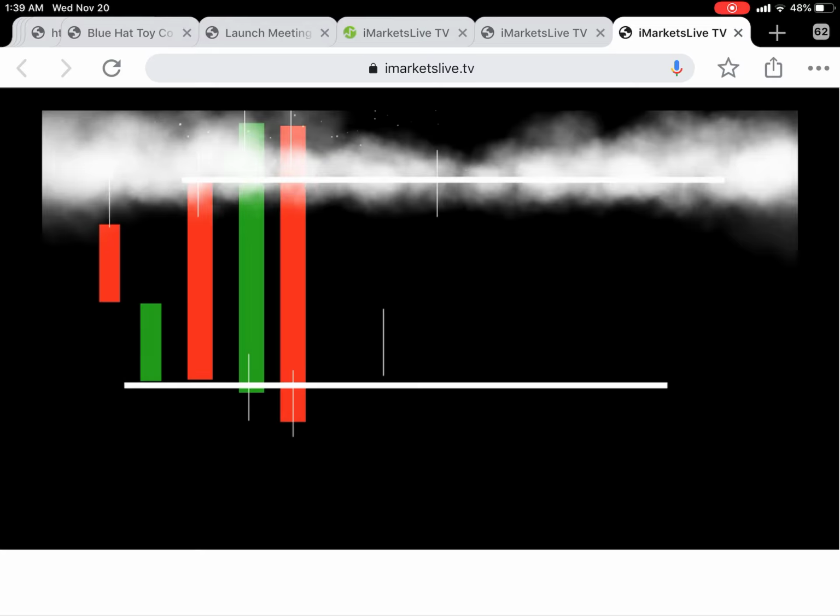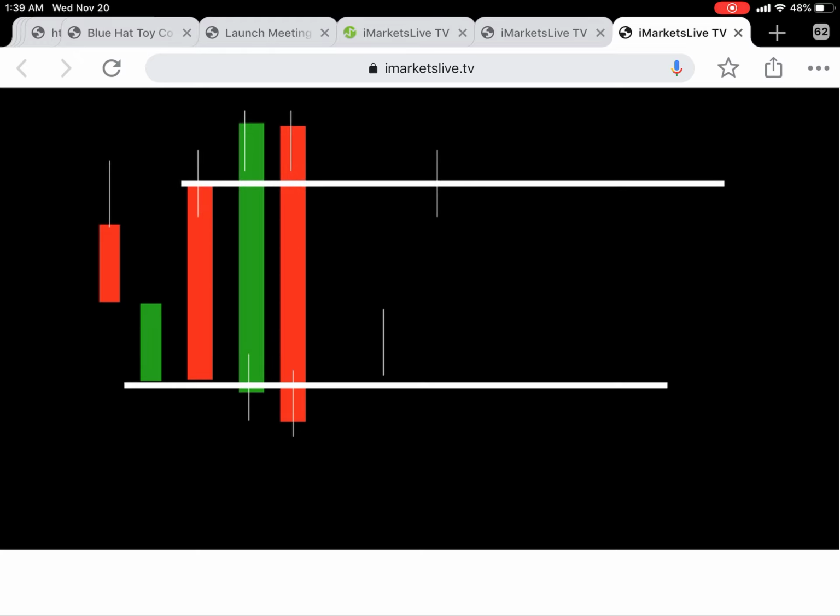So that's going to be my left shoulder. The green is my head. So I need the market to come back up equal distance to my left shoulder. Boom! Right there at the white line. So because that market dropped down 100% on that red candle, I need to see the market come back up.